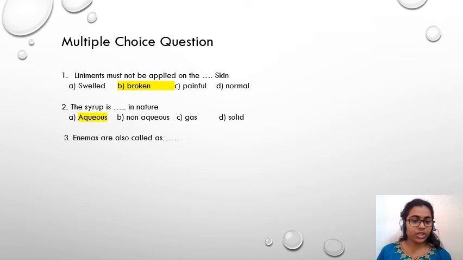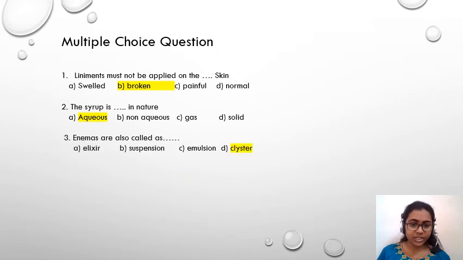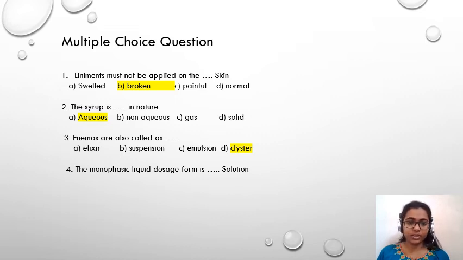The third question is: enemas are also called as dash. As per what we discussed in the presentation, the answer is clyster. Then the fourth question is: the monophasic liquid dosage form is dash in solution. As per what we discussed in the slides, the monophasic liquid dosage form is true in solution.